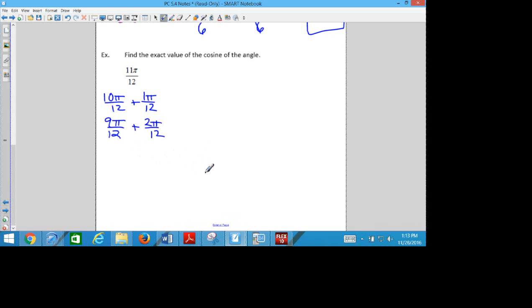Are those values that I know on the unit circle? If they reduce, then that's 3 pi over 4 and pi over 6. And those are on the unit circle. So you want to just kind of goof around, start trying values to figure out which ones you're actually using. And this is cosine.